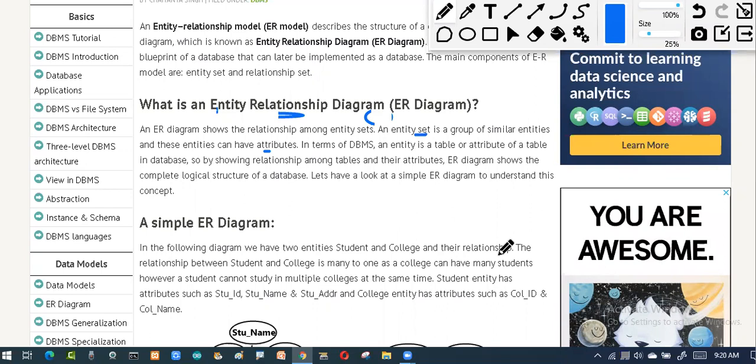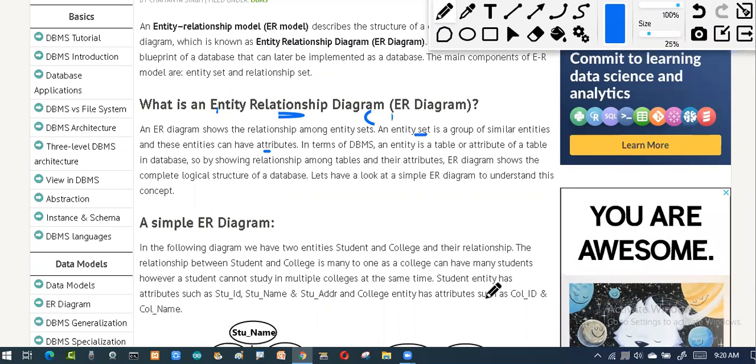For that we have some properties, and those properties we call attributes. In our DBMS, an attribute is called a column, and an entity is called a table. So remember, in the DBMS, entity is called a table, and attribute is called a column of that particular database.